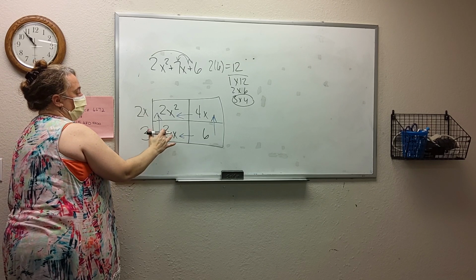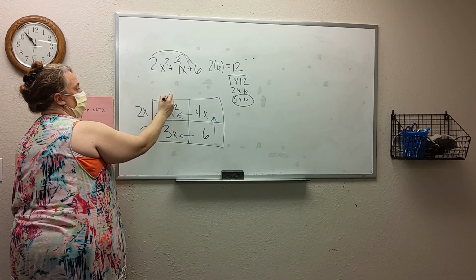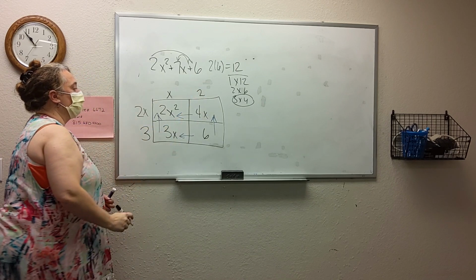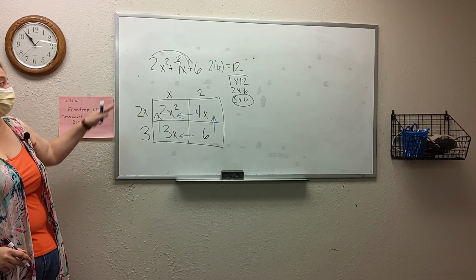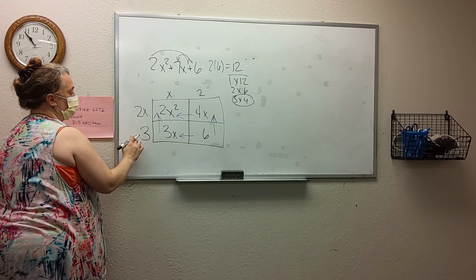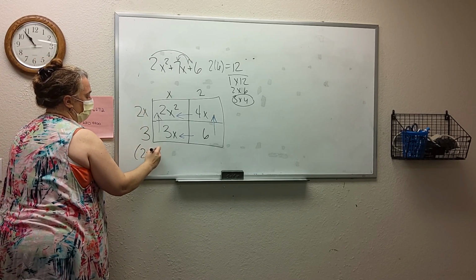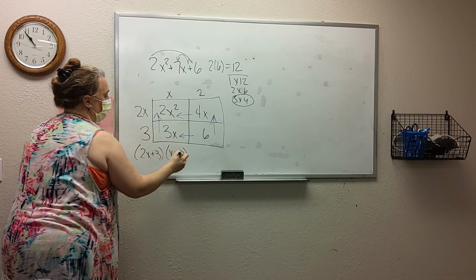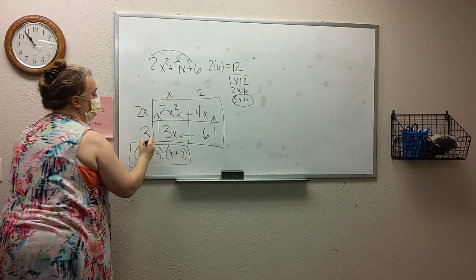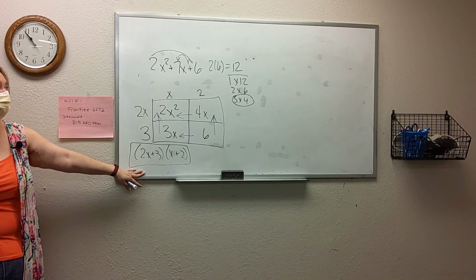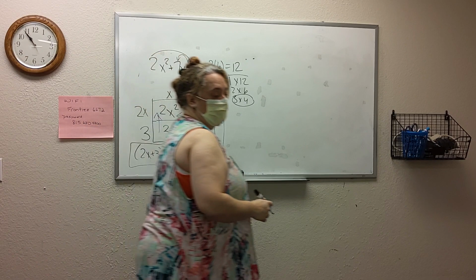On the left, I've got 3x and 2x squared, I can take out an x. 6 and 4, I can take out a 2. My factors are the things on the outside of the box. So on the left side, I have 2x plus 3. And across the top, I have x plus 2. All I'm doing here is just trying to factor. I'm not trying to solve for x. So that would be my answer at that point.